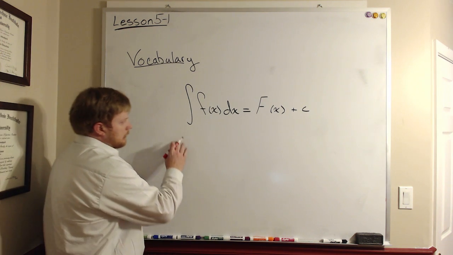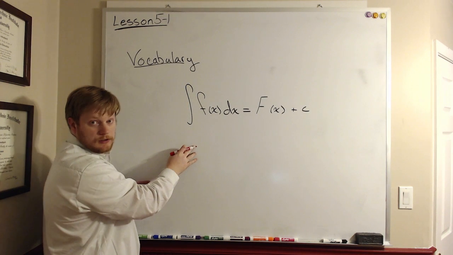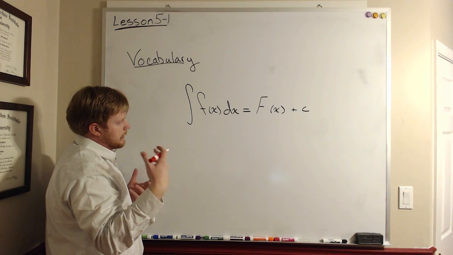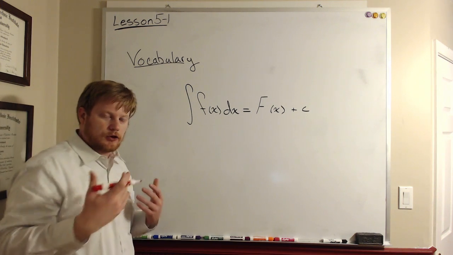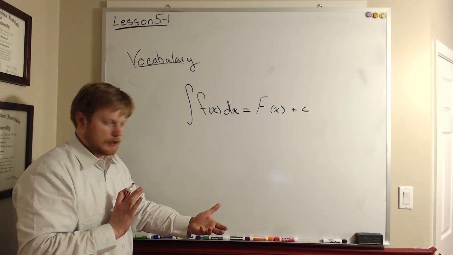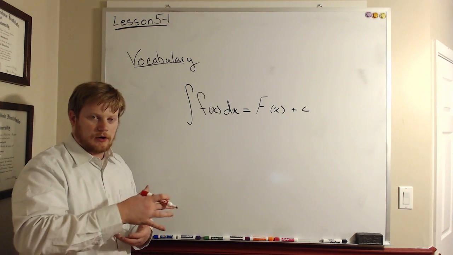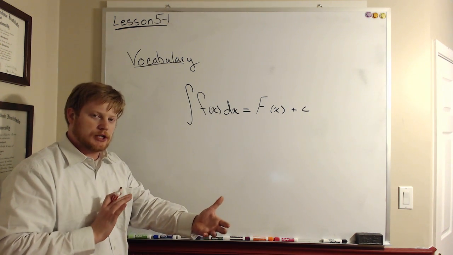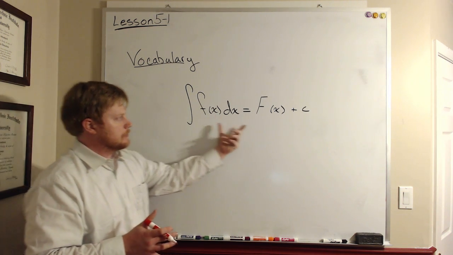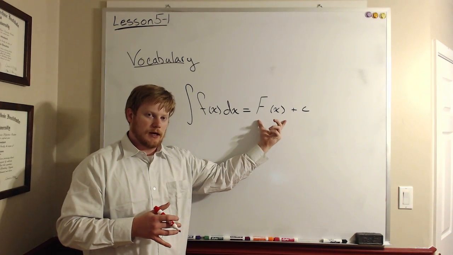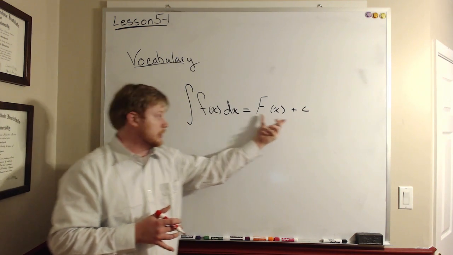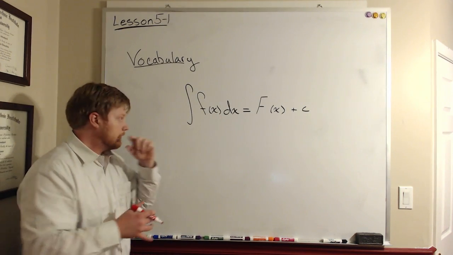Now, the integral is an operator, sort of like the derivative, but it's the reverse. A lot of times we call integration anti-differentiation, or the integral of f gives you the antiderivative of f, where the derivative of this function is f.